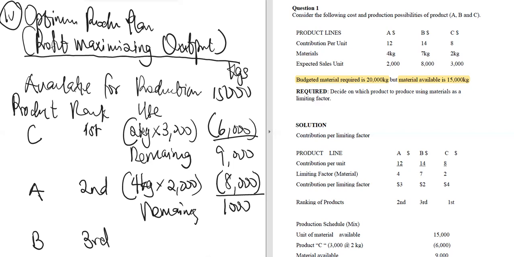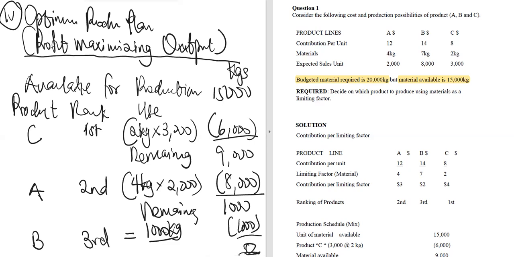It required 7 kgs. So how many units at 7 kgs can give us 1,000 kgs? If every 1 unit I need 7 kg, then with 1,000, how many units can I produce? You can just divide this 1,000 kg by the 7 kg, since 1,000 is what is left.